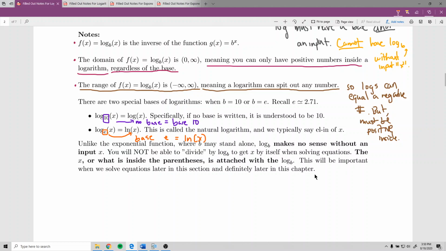You can't do that. You get rid of square root symbols by squaring each side. And the other thing, the x or whatever is inside the parentheses is attached with the log base b. I'd like to mention that now because when we end up solving equations with logs, it's very important that you don't try to do something you can't do.